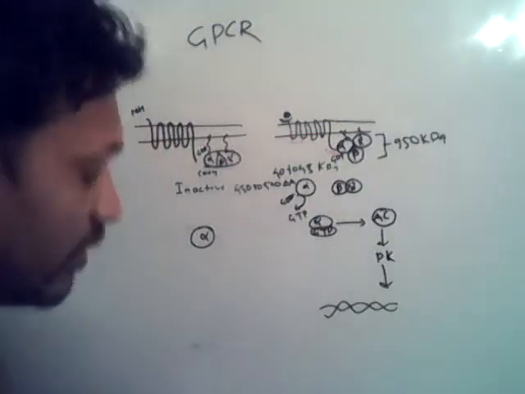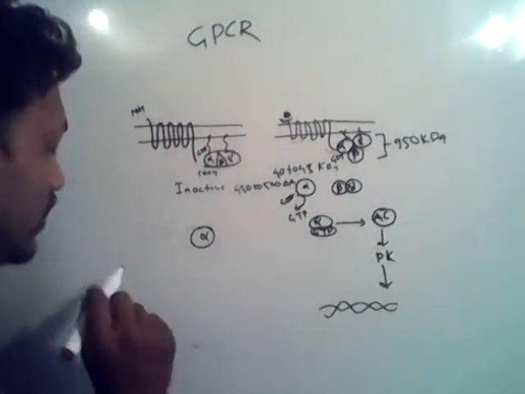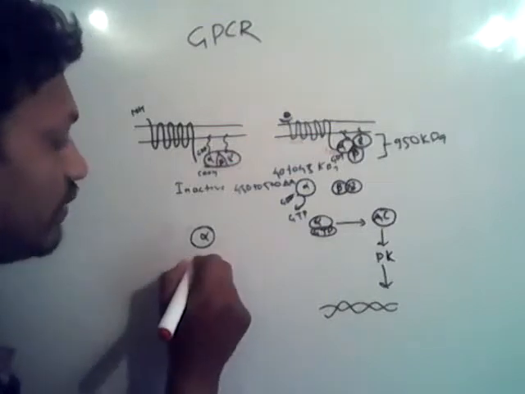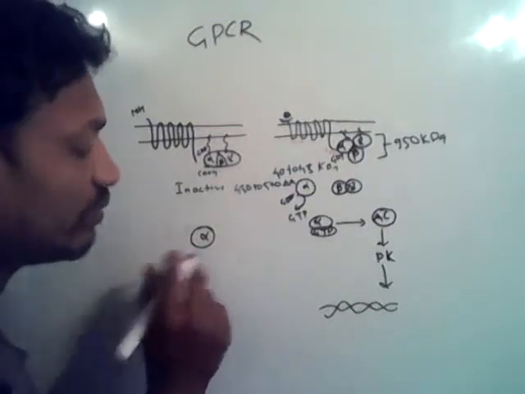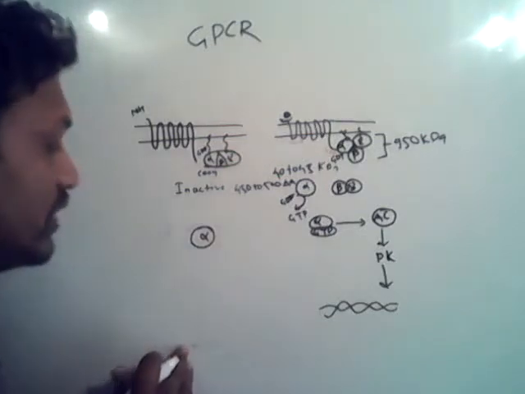Okay. Now, G protein is further categorized on the basis of its alpha subunit.